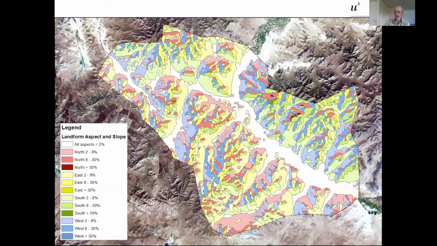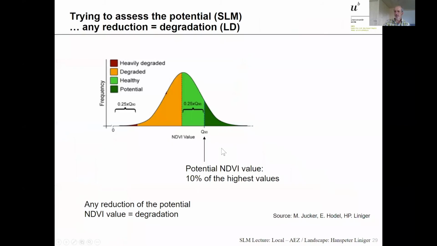So for each of these units, we combined all the signals that we got from it and said, okay, this might be the distribution of the signals. We take the 10% highest value that we find in one of these landscape units, maybe in the best protected area that has no degradation.